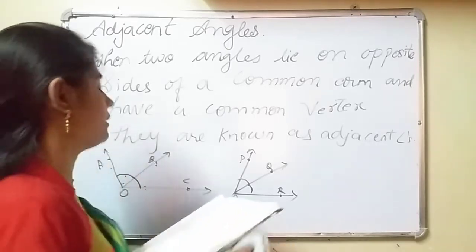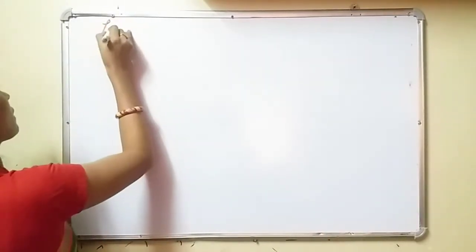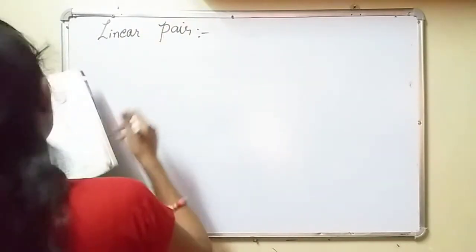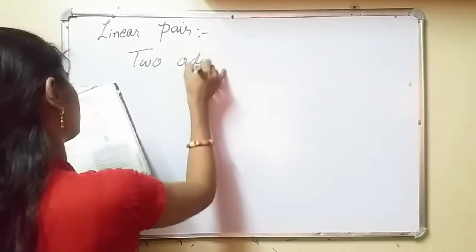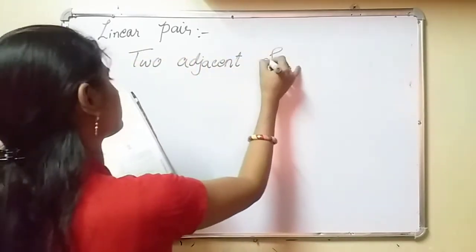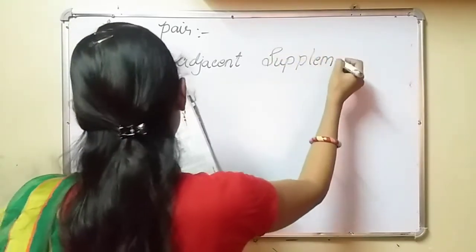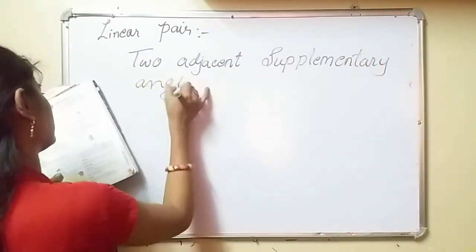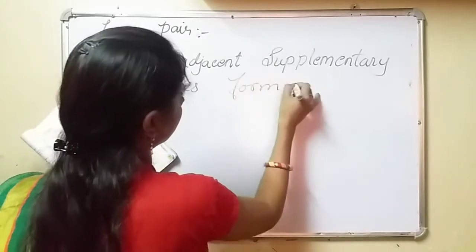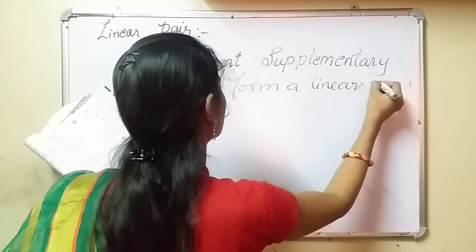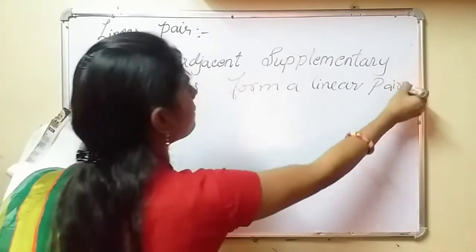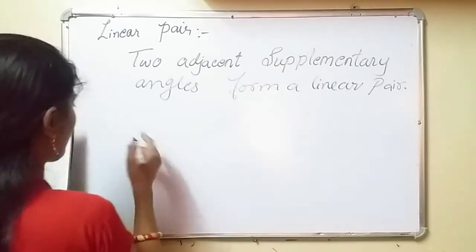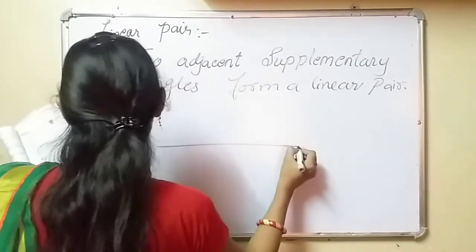Okay, now see linear pair. Two adjacent supplementary angles form a linear pair. Now see, supplementary angle means 180 degree. Now see, one line is given to you.